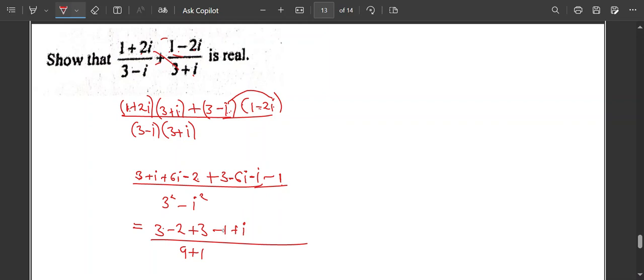I've started with this one, then I'm coming to which one? Plus 6. I'm coming again to negative 6. Then I'm coming to i there. So we can see now this plus this will be now 6. 6 minus 2, that will be 4, right? So that will be 4.